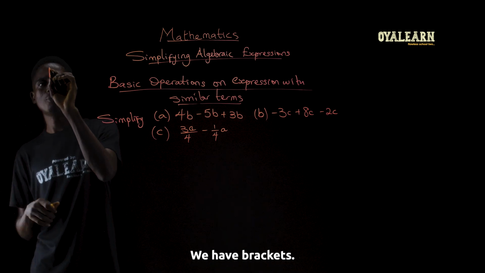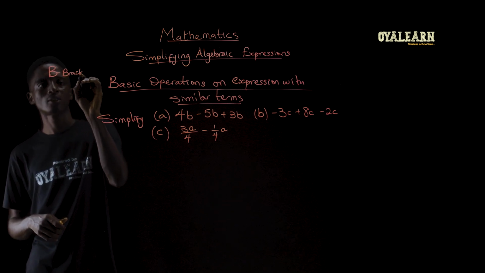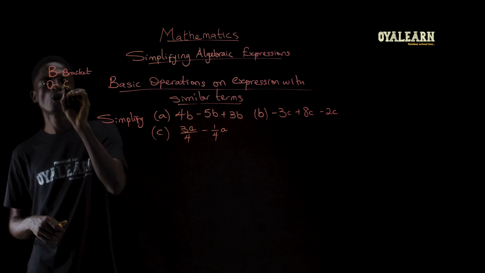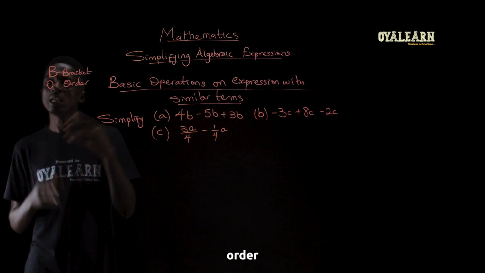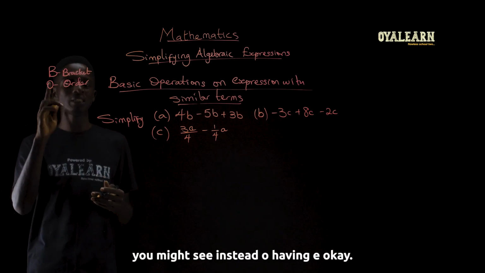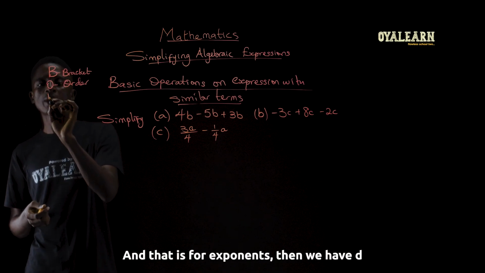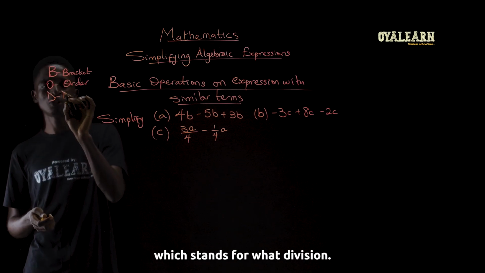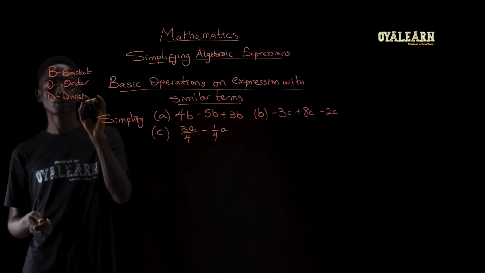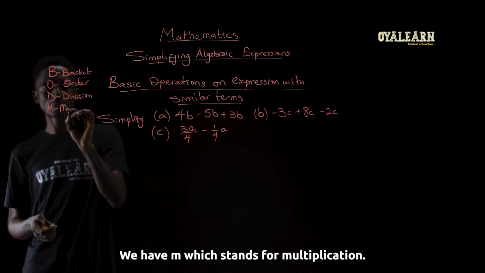We have brackets, other. In some other kind of explanation, you might see it instead of O having E. Okay, and that is for exponents. Then we have D, which stands for what? Division. We have M, which stands for multiplication.